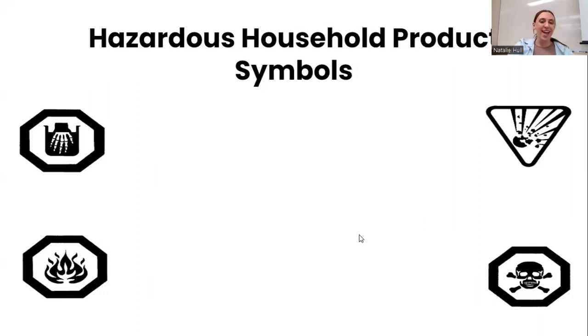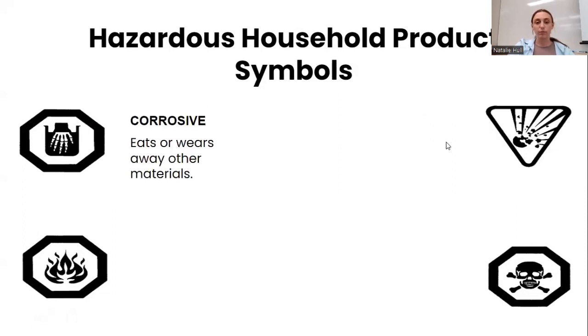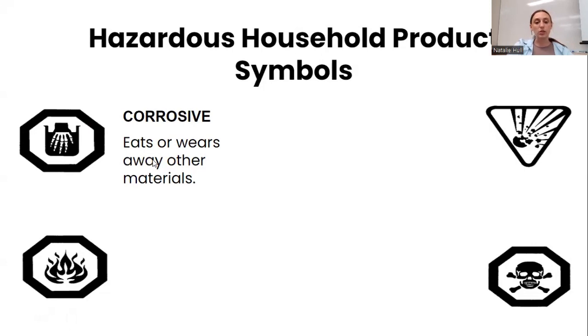Still serious though. So you'll see 4 different types of pictures, and each of these means something different. So you'll see that they have a shape around them. That kind of tells you this is danger, whereas over here we've got caution. So corrosive eats or wears away other materials.